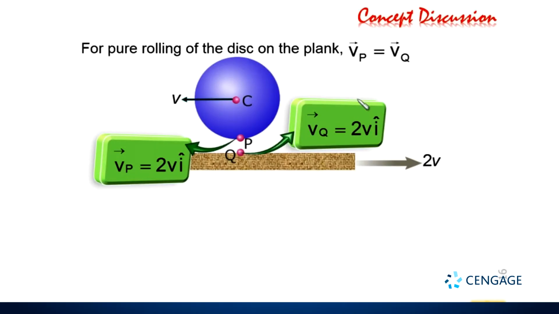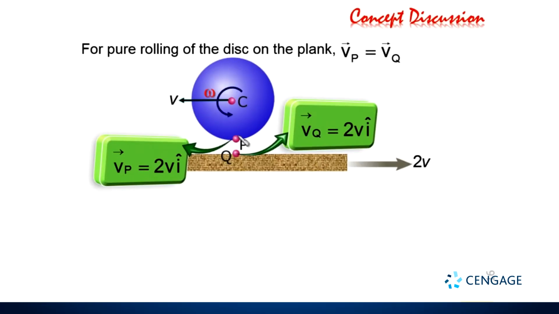Now consider the rotation of the disk. We rotate this disk in the counterclockwise sense like this. We can observe we can have the component of the velocity due to rotation of point P with respect to C in the rightward direction. Then only it is possible to have the velocity equal to 2v in the rightward direction.